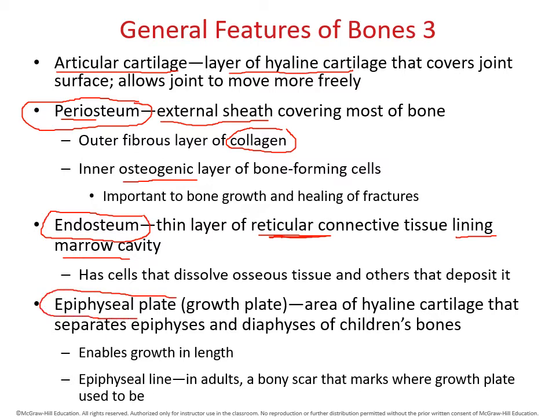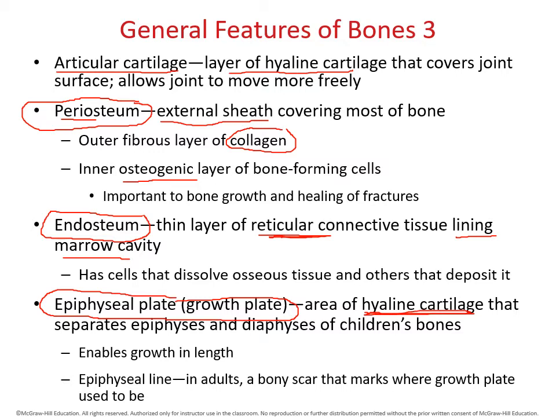The epiphyseal plate is informally called your growth plate. That is going to be the area where hyaline cartilage is initially deposited, and eventually as the hyaline cartilage extends and elongates the long bone, it is then replaced by either spongy bone or compact bone. But either way, it allows for the bone to grow lengthwise.